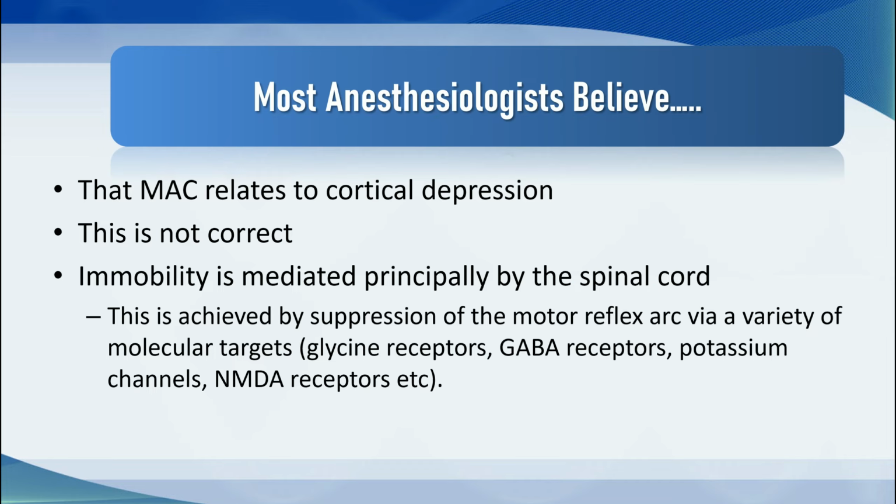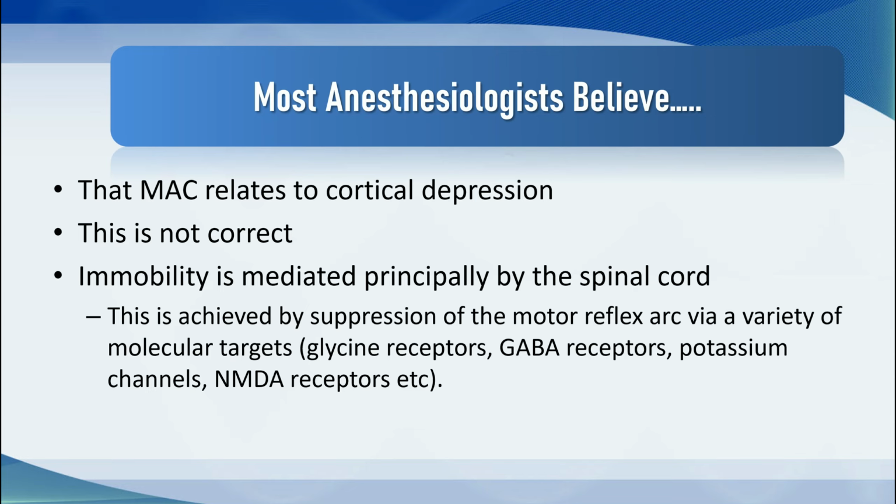Unfortunately, most anesthesiologists believe that MAC relates to cortical depression. This is not correct. Immobility is mediated principally by the spinal cord. This is achieved by suppression of the motor reflex arc via a variety of molecular targets: glycine receptors, GABA receptors, potassium channels, NMDA receptors, etc. We know that the spinal cord is the main target of MAC because Eger showed this in brain perfusion experiments.